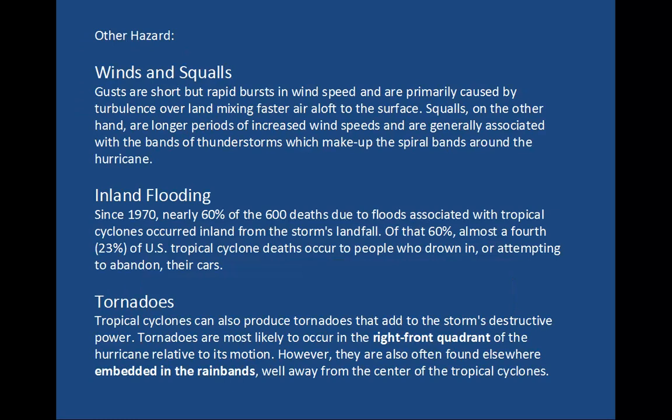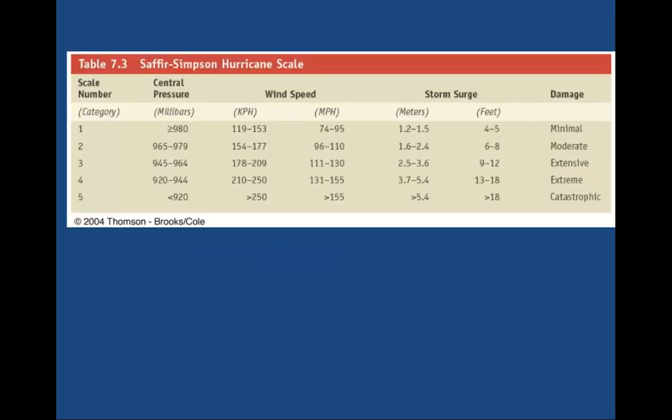Other hazards associated with hurricanes include large-scale winds, of course, either sustained winds or these squalls, these short-term, high-intensity winds. Inland flooding, whether it's from rainfall or from these storm surges, and sometimes even tornadoes. Because of the winds, tornadoes can form and be pretty catastrophic.